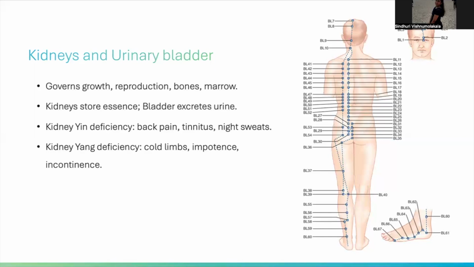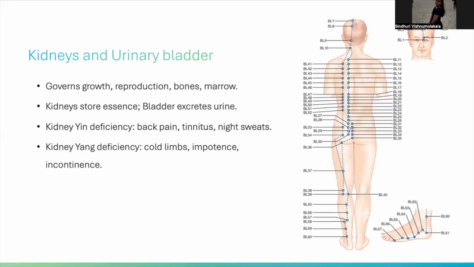There is significant weakness in the legs, clear and voluminous urine, or incontinence. What does incontinence mean? They cannot control or hold their urine. May be present in men. There may be a tendency towards impotency.